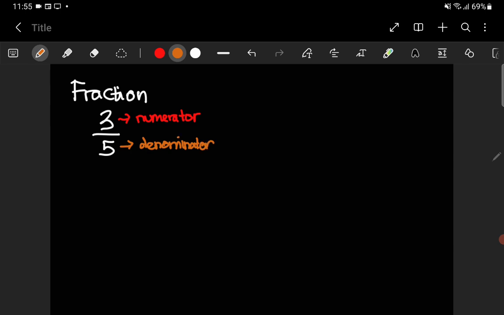When you're dealing with addition and subtraction involving fractions, you need to be sure that the denominator of all the fractions is the same. And that one is only valid when you're dealing with addition and subtraction.